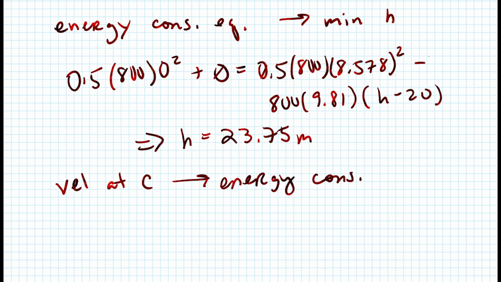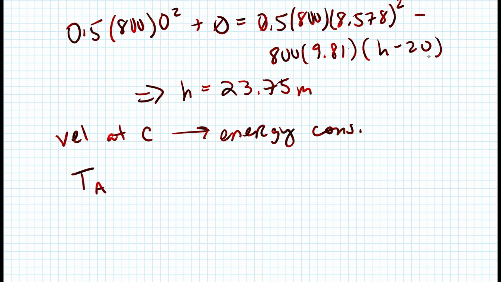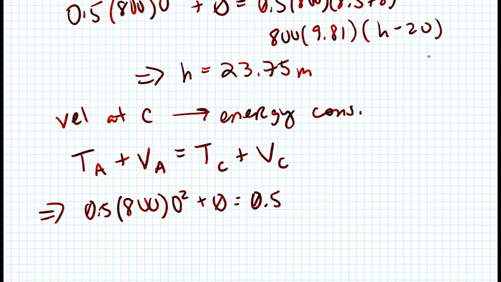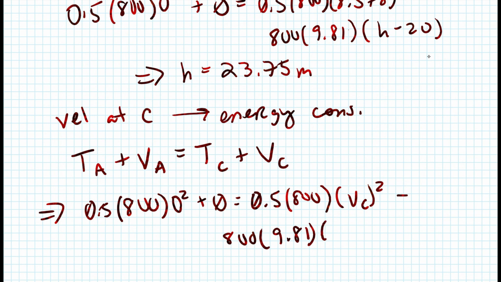We'll say T sub A plus V sub A equals T sub C plus V sub C. So this yields 0.5 times 800 times 0 squared plus 0 equals 0.5 times 800 times V sub C squared minus 800 times 9.81 times 23.75.